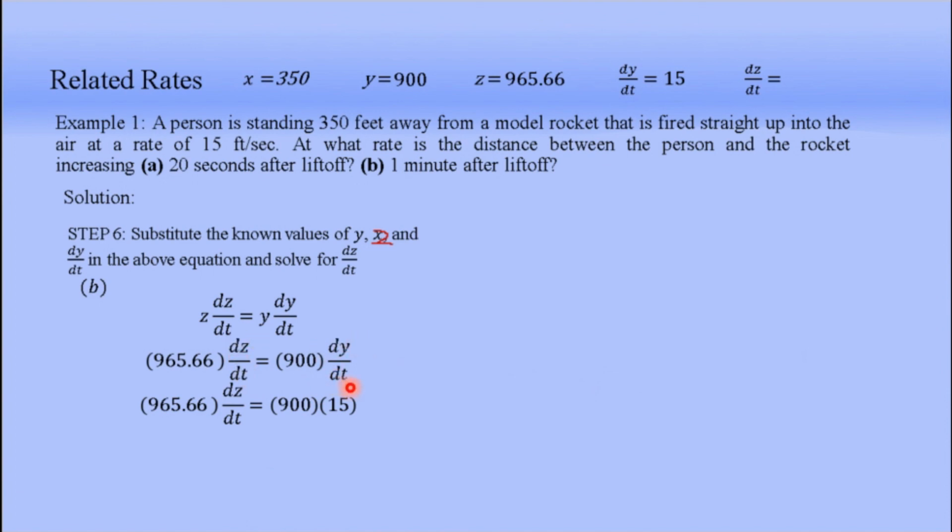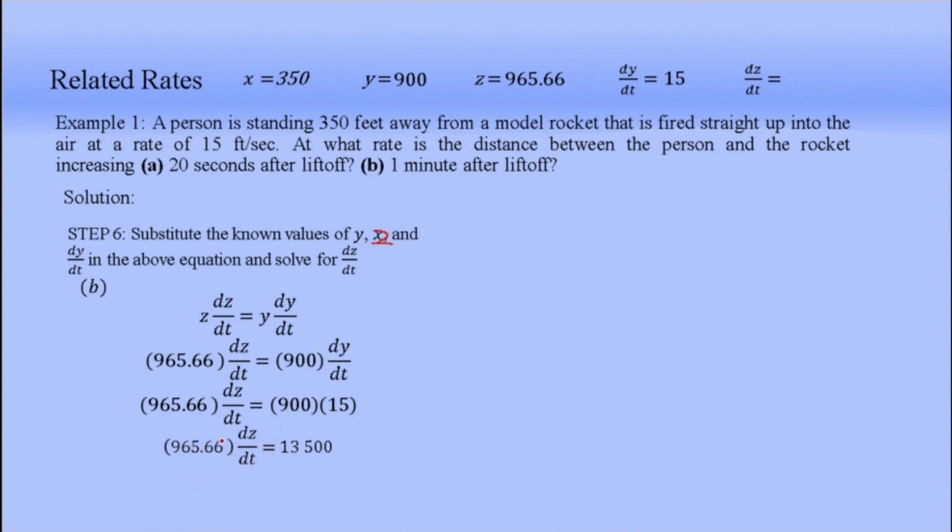We have the value of dy/dt, so let's just substitute that 15. 900 times 15 is 13,500, and since we are solving for the derivative of z with respect to time, we are going to cancel this.